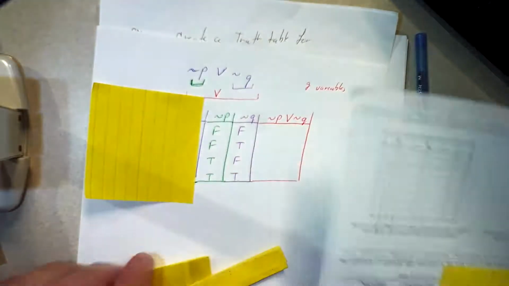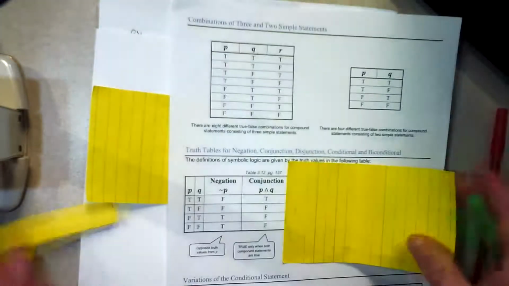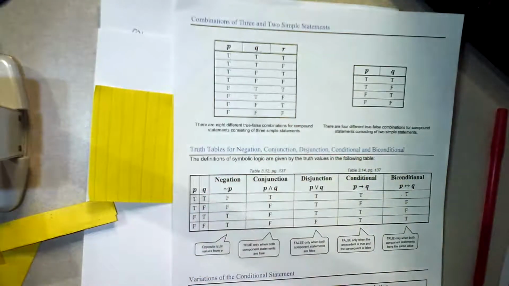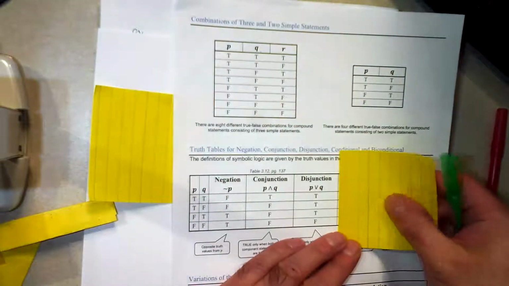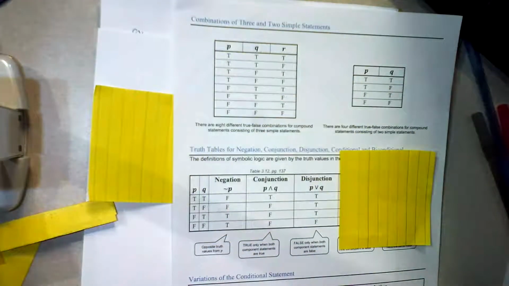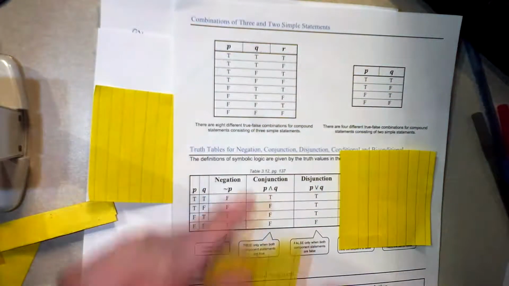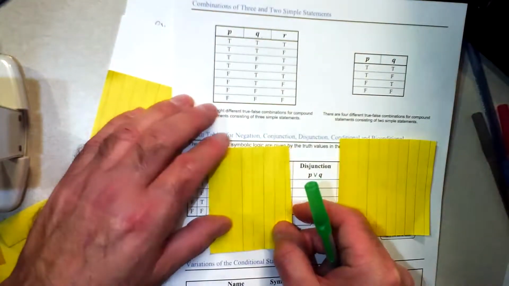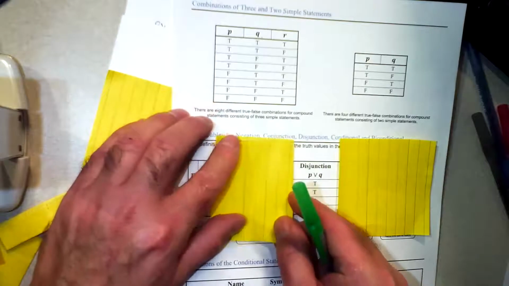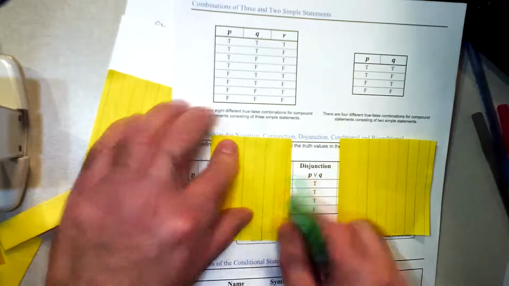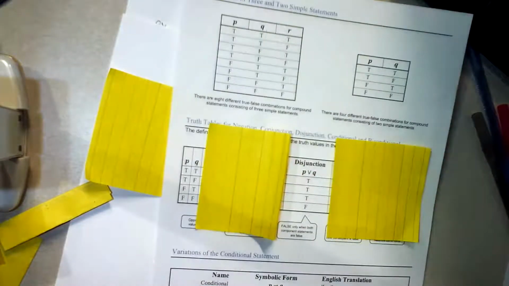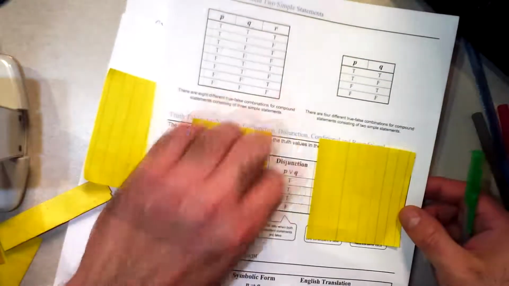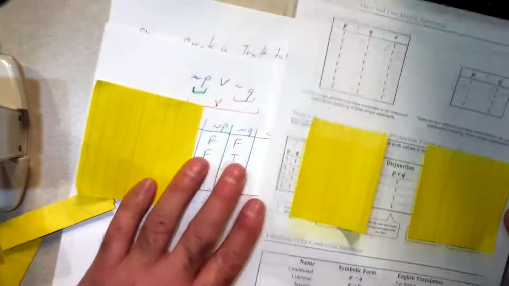I need to go to my handout and show only the disjunction. There's my disjunction.